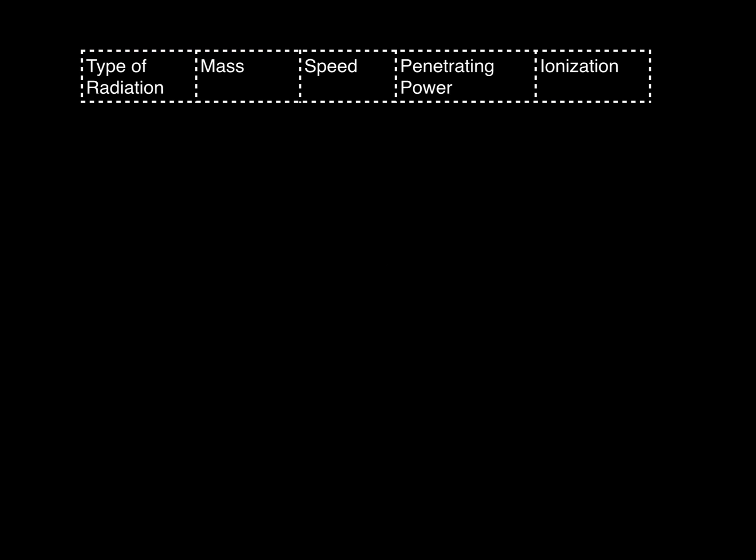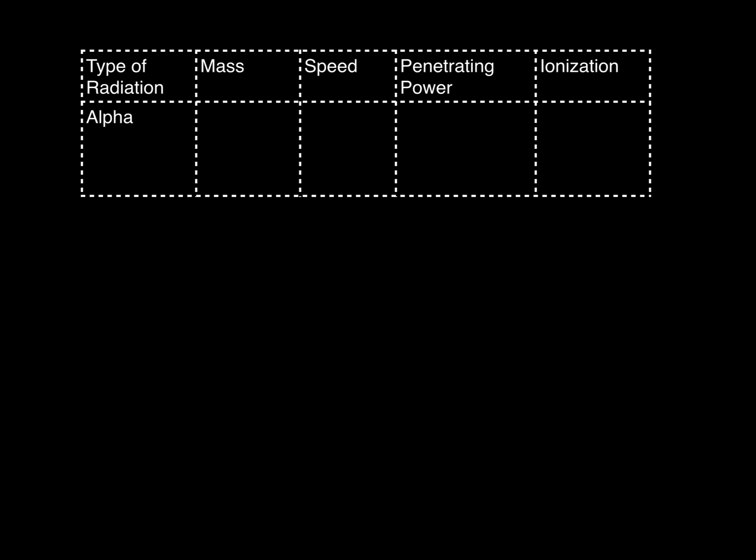We'll look at each type of radiation and its relative danger, starting with alpha radiation. The mass of an alpha particle is 4.0026 atomic mass units. It travels with a relatively slow speed, and because it's slow and quite massive, it can be stopped by something as thin as paper or your skin.